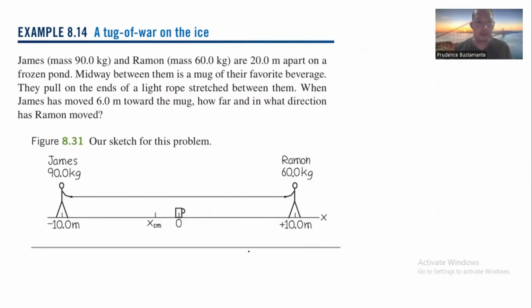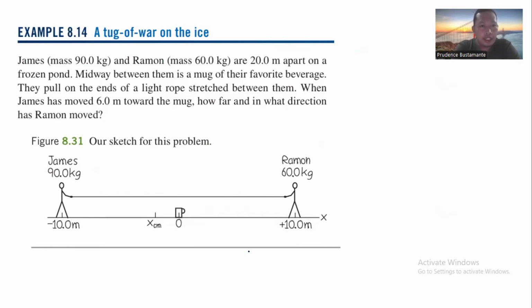So we have here problem 8.14, the tug of war on the ice. James's mass is 90 kilograms and Ramon's is 60 kilograms. They are 2 meters apart on the frozen pond. Midway between them is a mug of their favorite beverage.